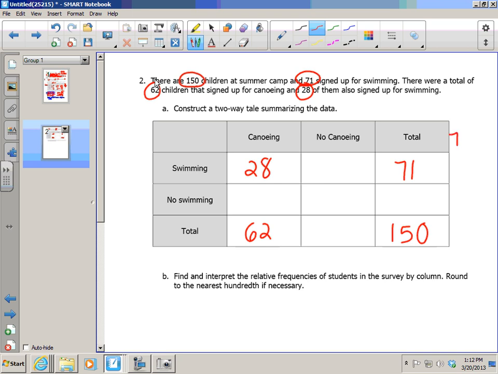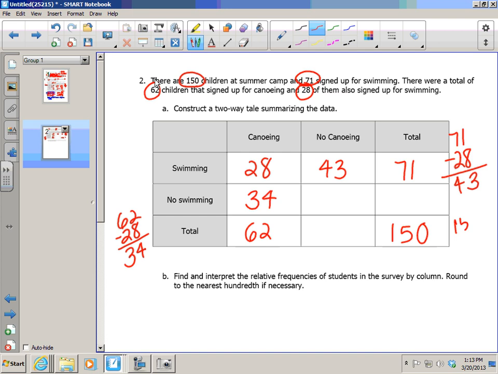If we have 71 total, take away the 28 who swim and canoe, we are left with 43 that swim but no canoeing. From the 62, we take away the 28, and we are left with 34 that don't swim but they do canoe.